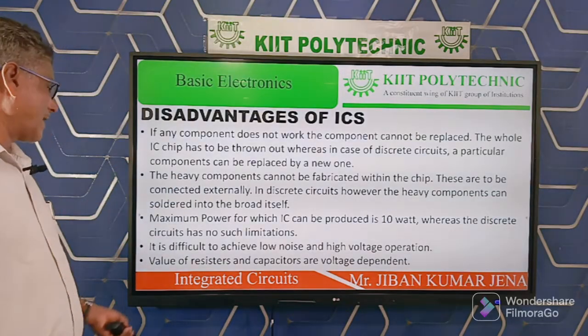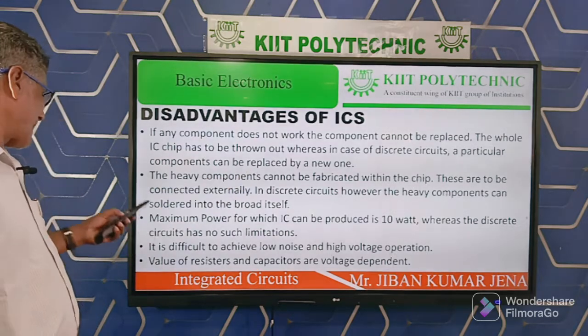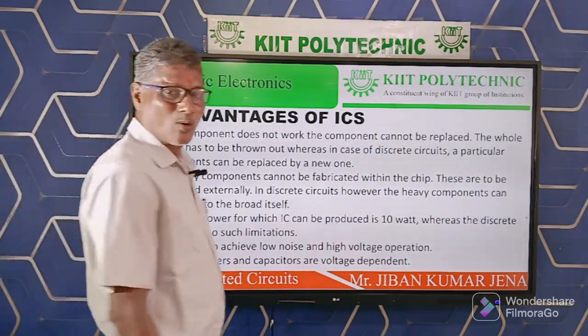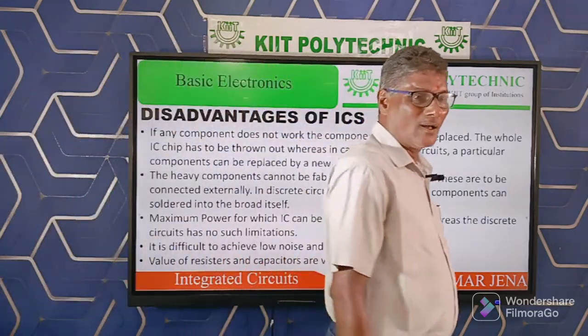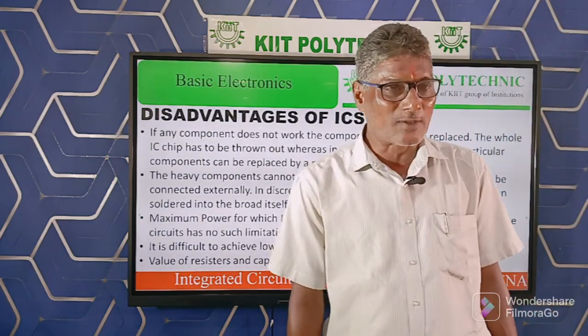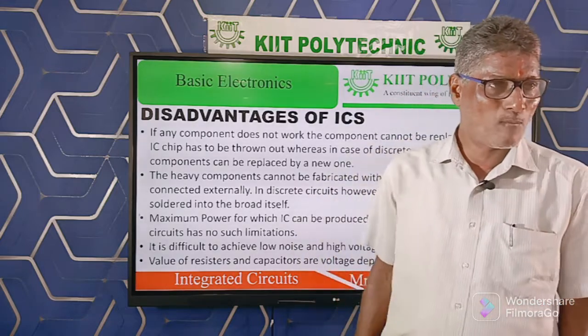Next, the heavy components cannot be fabricated within the chip. These are to be connected externally. But in the discrete circuit, however, the heavy components can be soldered onto the board itself. I have already told you that heavy components like choke, coil, or transformer cannot be connected internally in the IC.